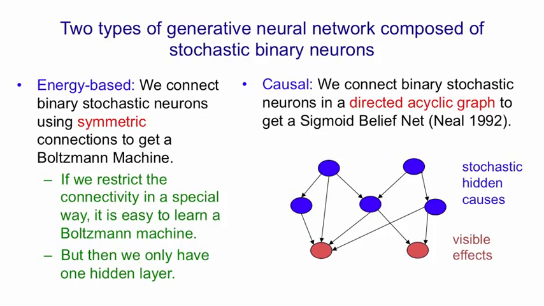To generate data from this model, you take the neurons in the top layer, you determine whether they should be ones or zeros based on their biases, so you determine that stochastically, and then given the states of the neurons in the top layer, you make stochastic decisions about what the neurons in the middle layer should be doing, and then given their binary states, you make decisions about what the visible effects should be.